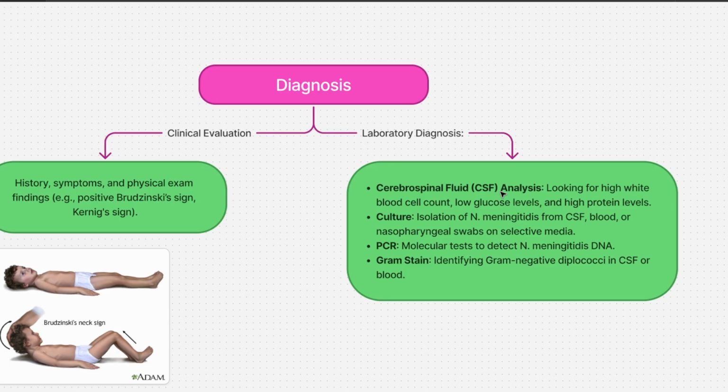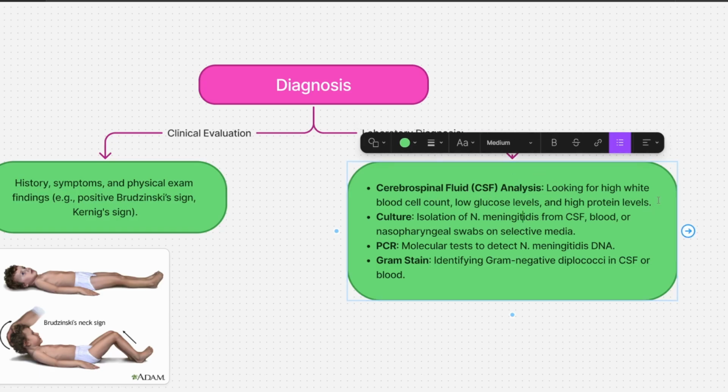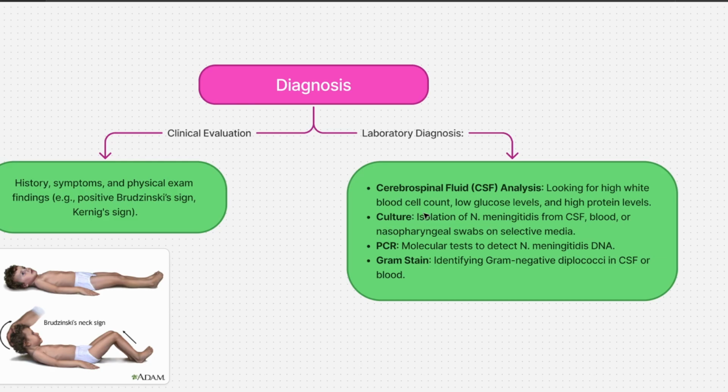So what we're looking for here is a high white blood cell count, which indicates infection, low glucose levels because the bacteria can consume glucose, and high protein levels like antibodies, etc. We can also do a culture, so isolation of Neisseria meningitidis from CSF.